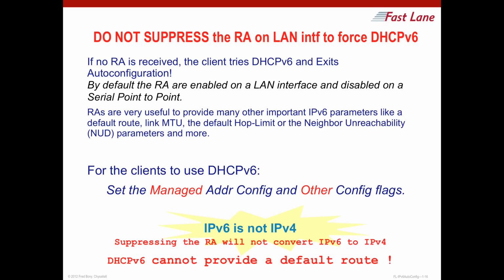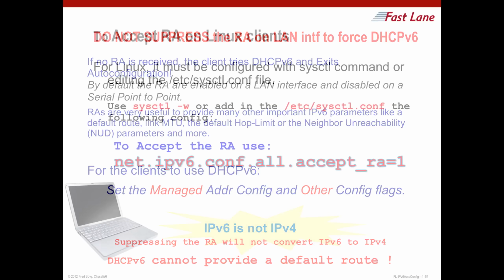If you want to also use DHCP, you have some other means, some flags to set, and it will call DHCP. Suppressing the router advertisement is not a way to convert IPv6 to IPv4. For instance, DHCPv6 cannot provide a default route. So you really need the router advertisements, and it is not a good method on a LAN to suppress the router advertisements.